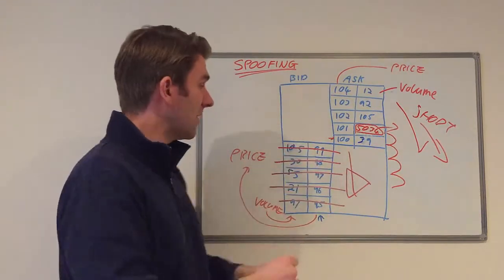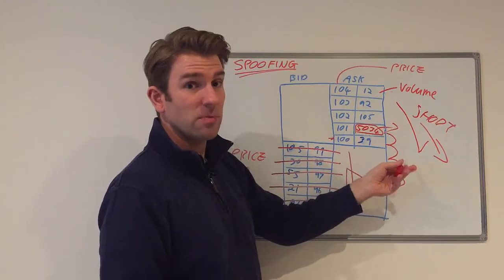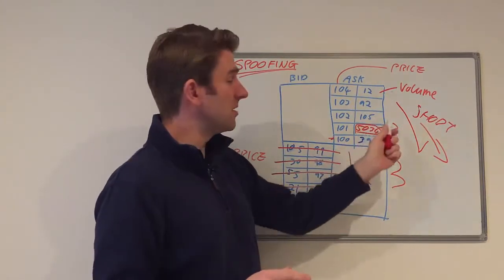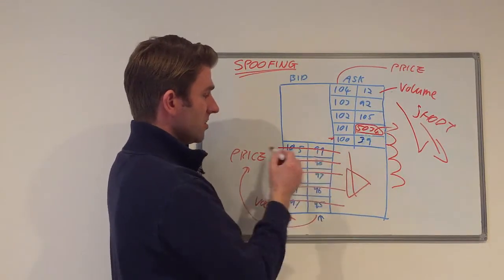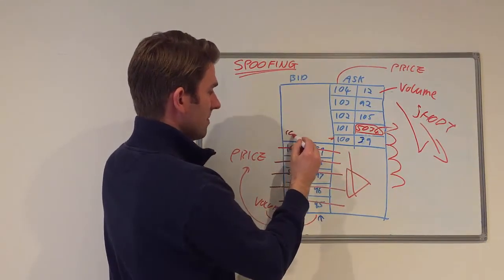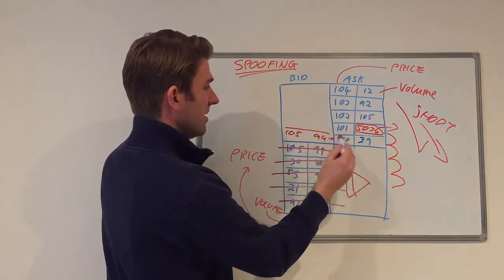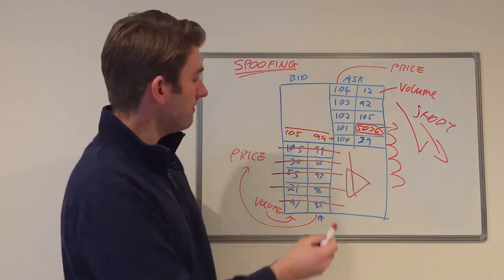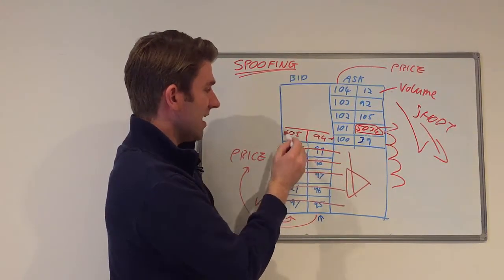Now, one more thing very quickly is that another reason people spoof is not just to push the market in one direction. By the way, this is illegal. Spoofing's illegal. They do it because they want to get filled on the bid. So if we go back here and imagine this is our bid still, we've got 105 contracts positioned at 99. He comes in with a spoof order there, and he really is 100 contracts sitting there and he hasn't been filled.